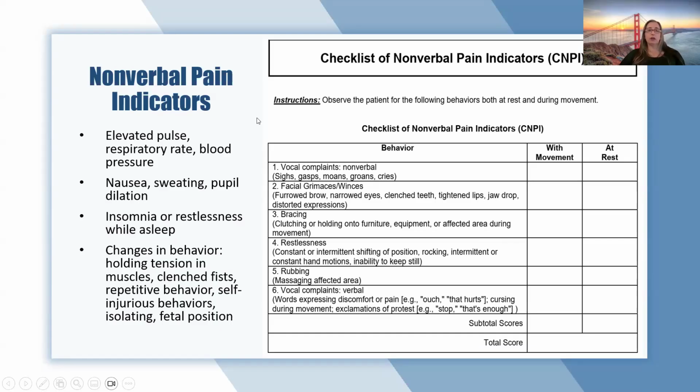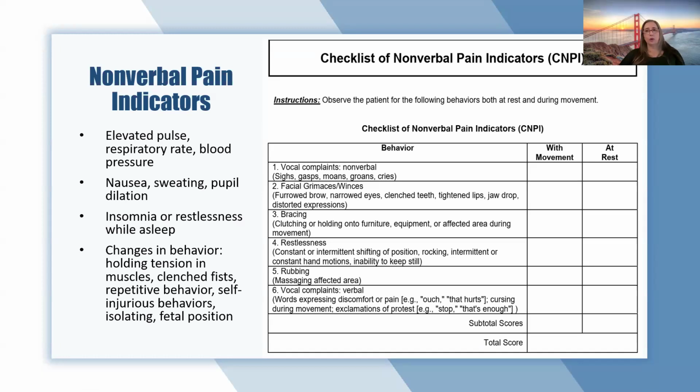Some nonverbal pain indicators include if their pulse is very fast or if they're breathing really quickly. If you check blood pressure on your clients and their blood pressure is very high, that can be an indicator that they are in pain or uncomfortable. Often, individuals will become nauseated.